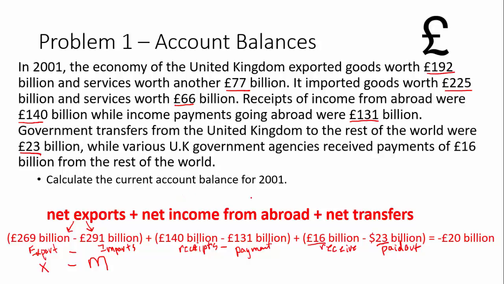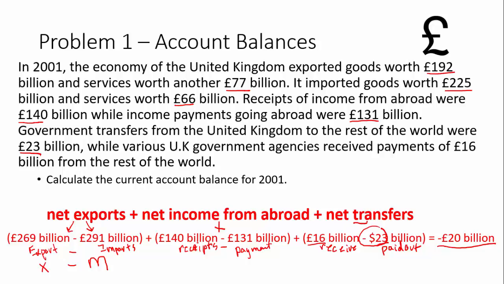So in that case, we're going to have a negative 7 billion is really how it's going to work on this. This one actually turns into a negative, because our paid out is larger than our received. In this case, this one's a true positive right here. Net income from abroad, we actually received more than we paid out.